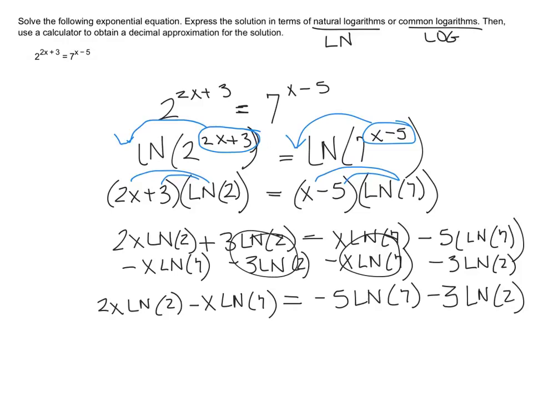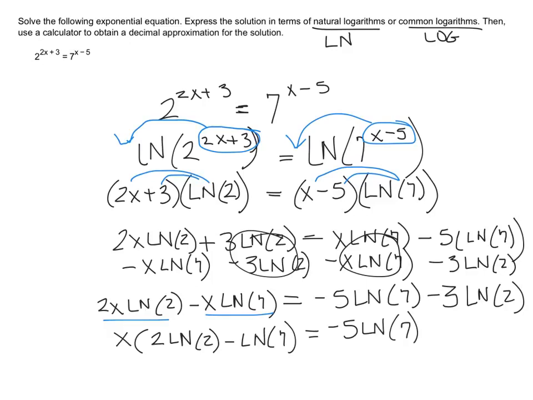Now again, I want to try to isolate the x. Both of these expressions have an x in them, so I can factor out an x, and I get x times 2 times ln of 2 minus ln of 7, and that equals the negative 5 ln of 7 minus 3 ln of 2.